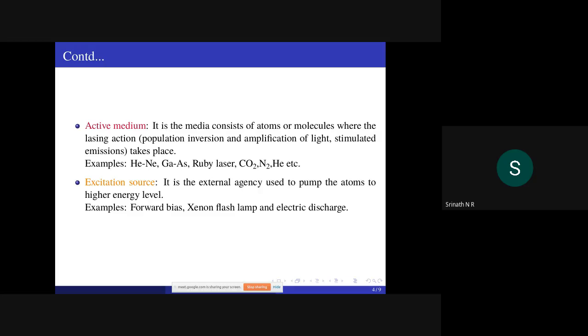In the semiconductor laser, forward bias is the excitation source, whereas in the ruby laser, xenon flash lamp is the excitation source. In gaseous lasers such as helium neon and carbon dioxide, electric discharge is used to excite the atoms to higher energy level. Therefore, the excitation source is different for different types of lasers.